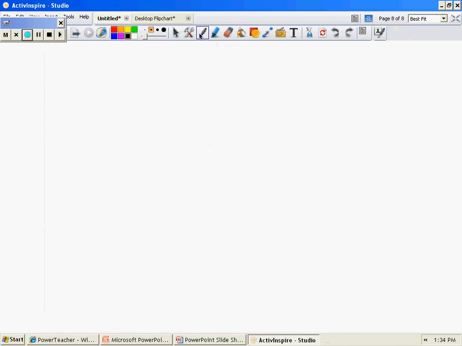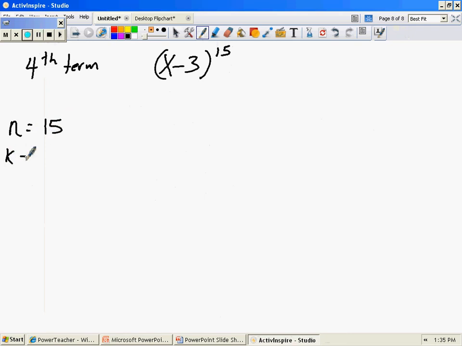Okay, so x minus 3 to the 15th, and we've determined that we're looking for the 4th term. So here we go. What is n? 15. What is k? First term. And second term, that is.